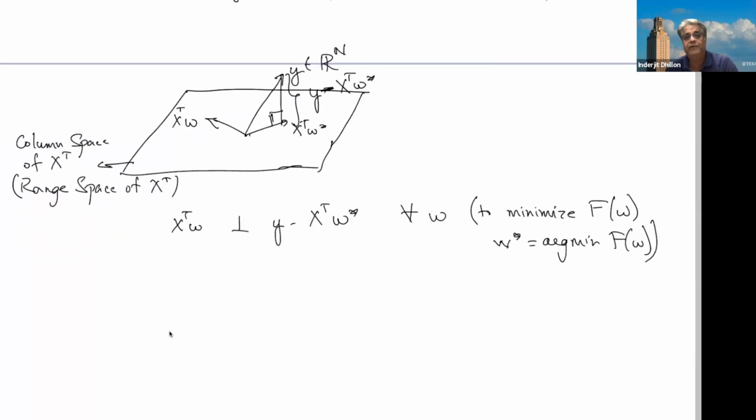So remember, when are two vectors orthogonal? For A to be perpendicular to B, this means that A transpose B should be equal to 0.